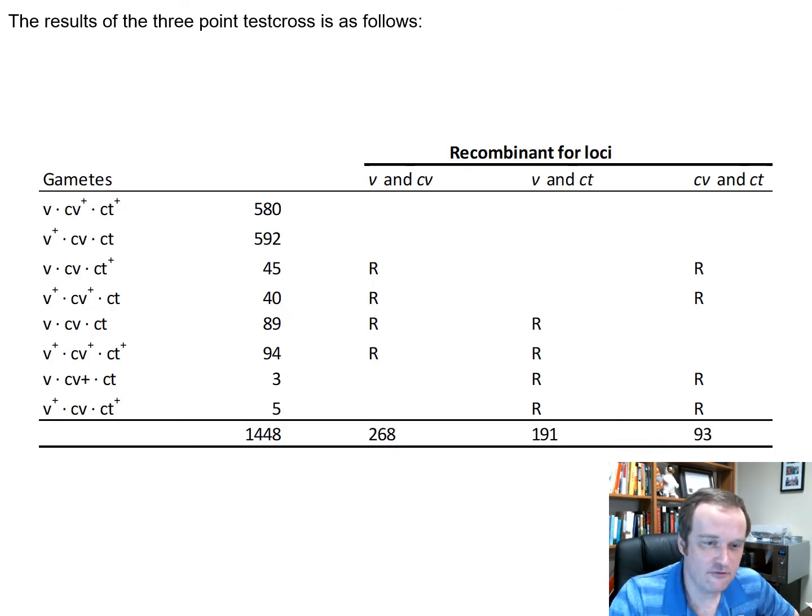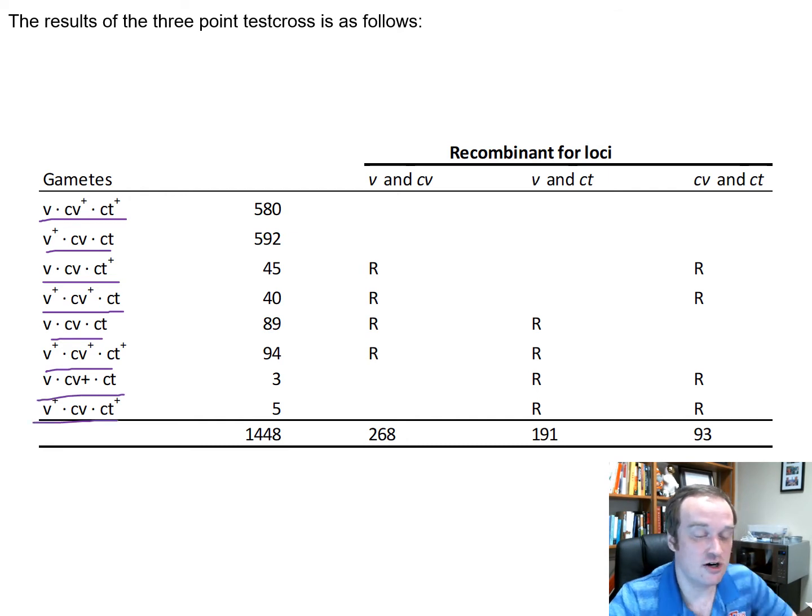So those 8 possible combinations we can put in this table. And so here we have one combination, V, CV plus, CT plus, V plus, CV, CT, V, CV, CT plus, V plus, CV plus, CT, etc. I'm not going to name them all.